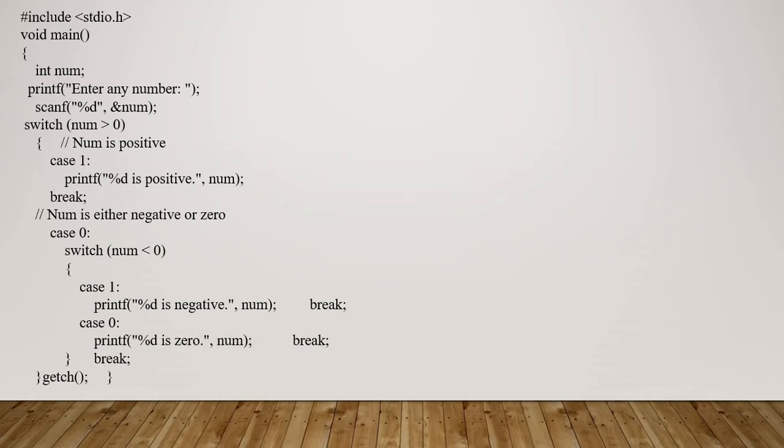That's why we have given two different cases over here. You can see over here two different switches we have used. One switch will execute my true part, that is the number is positive, and the second switch will execute whether that number is negative or 0. So over here we have given those cases.